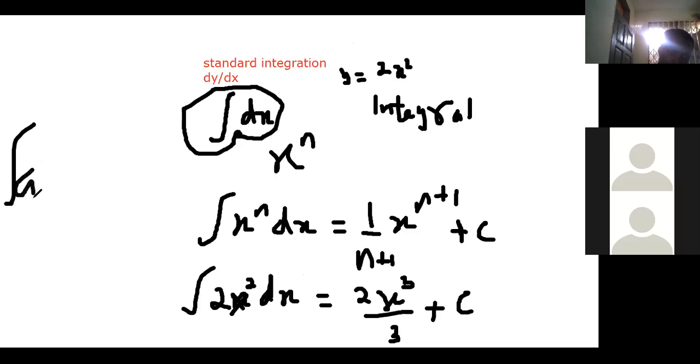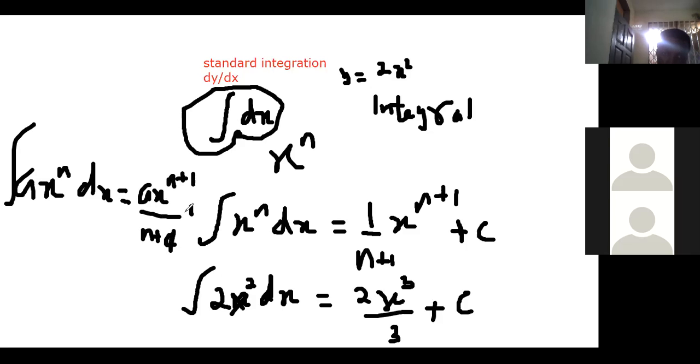It's the same thing: the integral of ax raised to the power n dx will be equal to ax to the n plus 1, all over n plus 1, plus c.